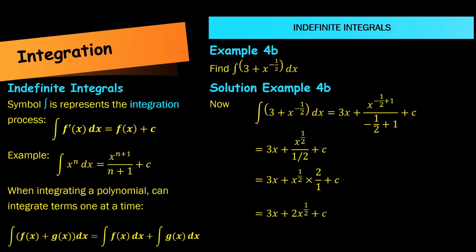Which tidied up becomes 3x plus 2x to the power half plus c.